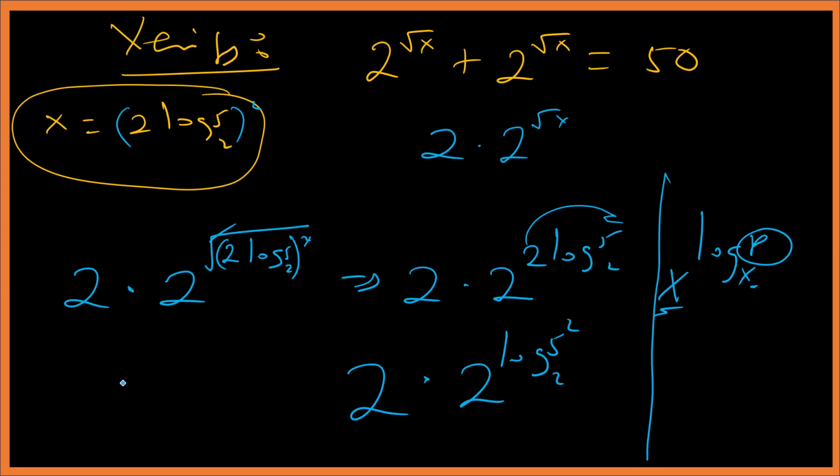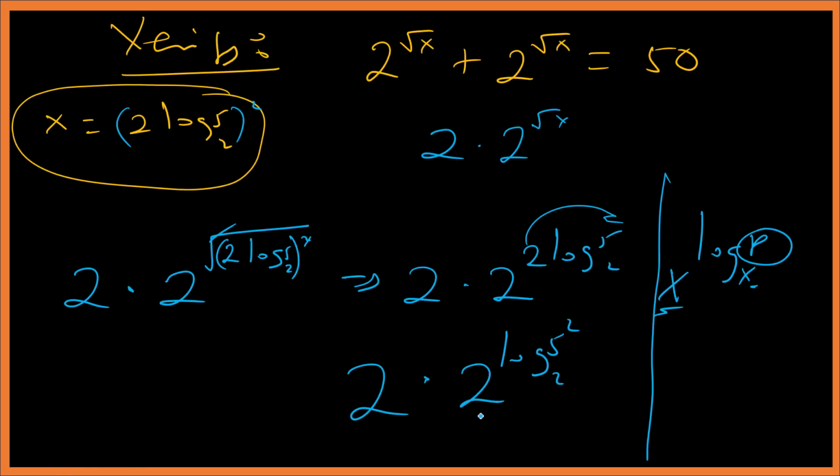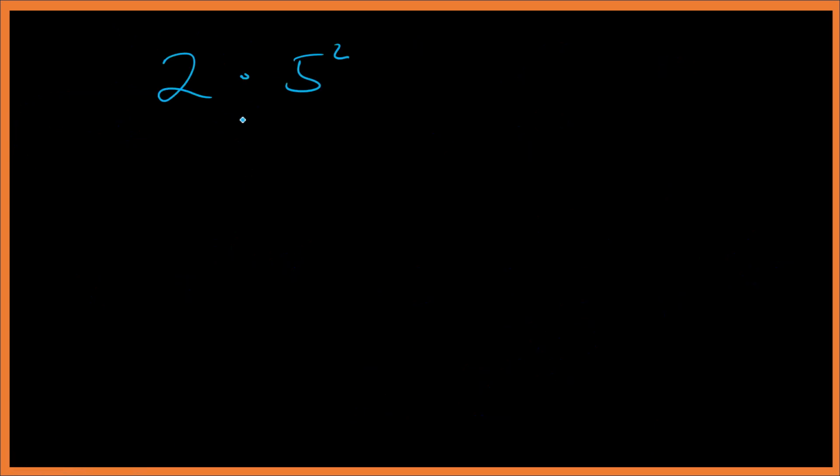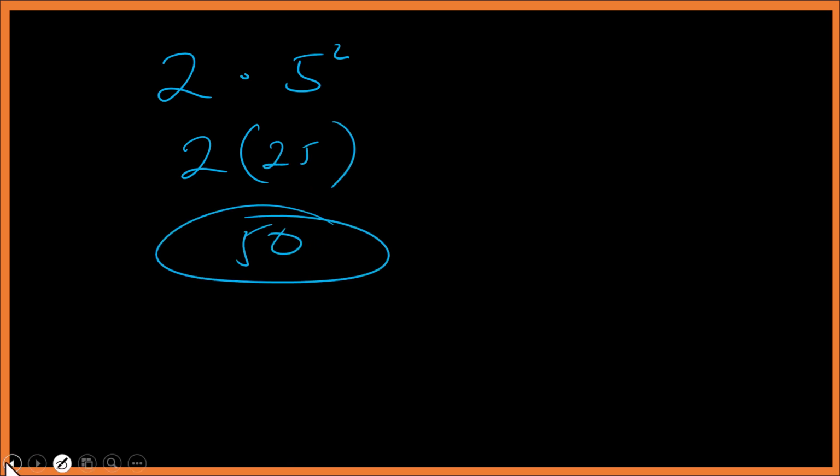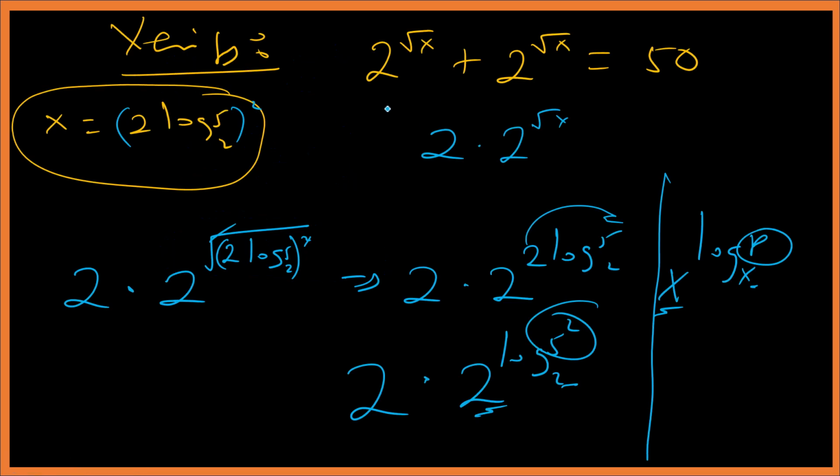So the final answer will be 2 times 5 squared. 5 squared is 25, so we get 50. Alright, so that's that. So hence proved.